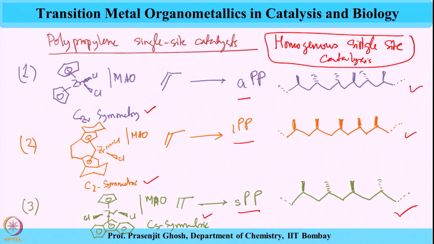So, based on this we are now going to focus on another extremely nice example by Professor Waymouth in 1995, by which he could make stereo block polymers, and this is a beautiful elucidation of rationalization, chemical modification and its resultant output in terms of the polymer that one could produce.